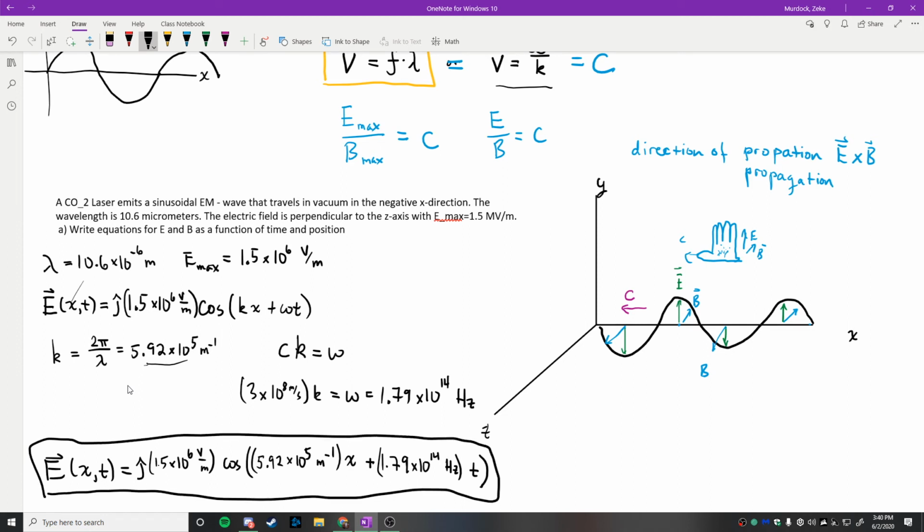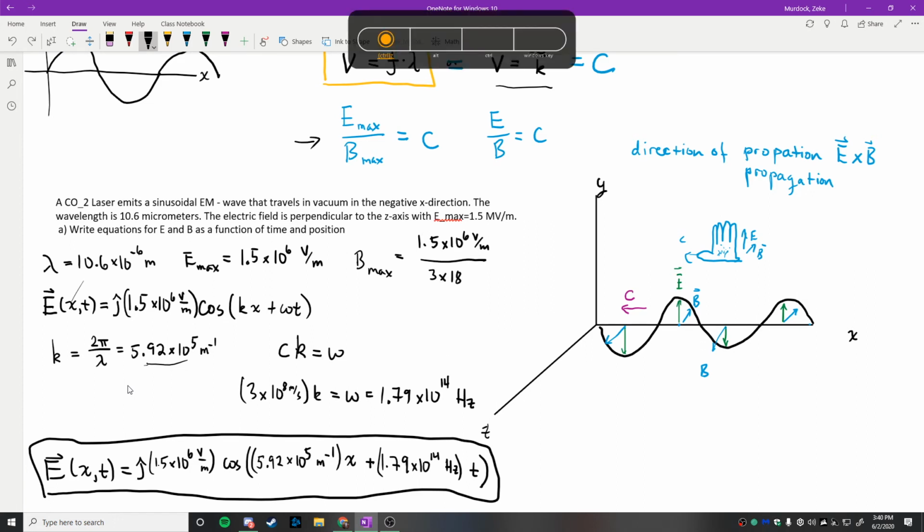And the next thing we want to do is do the same thing for the magnetic field. So to do that, we use this relationship right here. We can find the value of the magnetic field, right, if we just take E over c, right? So let's do that really quickly here. B max, according to that equation, is equal to E max over c. So it's equal to 1.5 times 10 to the 6th volts per meter, divided by the speed of light, which is 3 times 10 to the 8 meters per second.